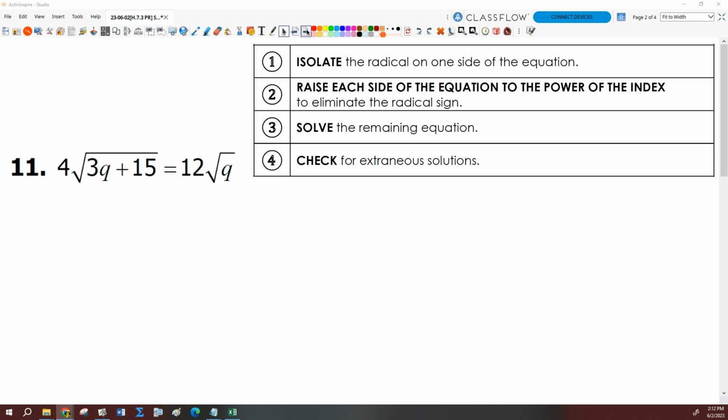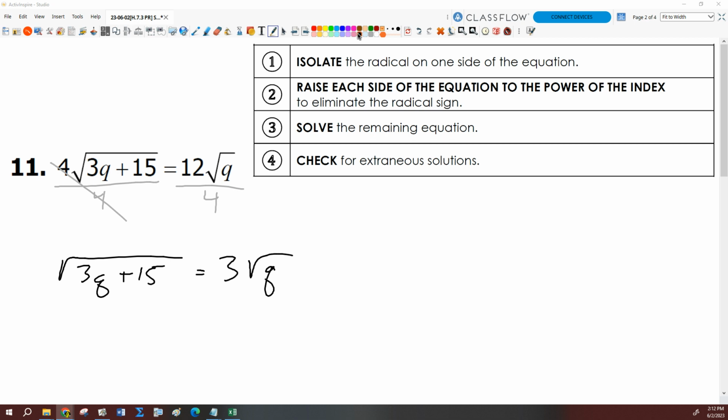One thing would be to divide by 4, right? Both of those coefficients are divisible by 4, so that's a good idea. If I divide everything by 4, those cancel. And then I get the square root of 3q plus 15 equals, here I would just reduce the 12 over 4 to be 3 times the square root of q. Okay, now what?